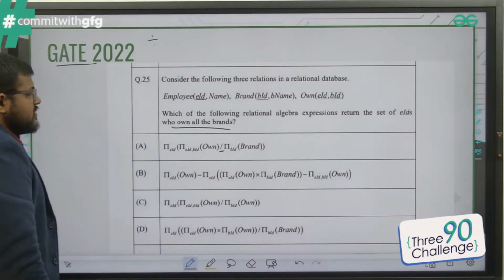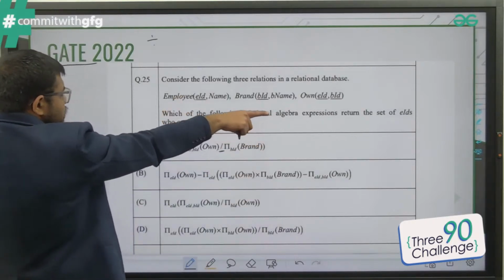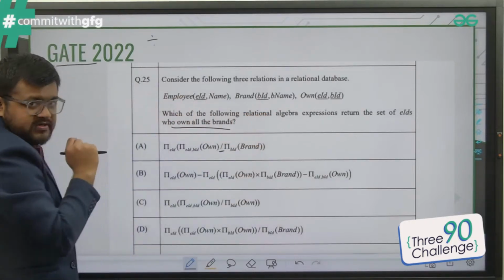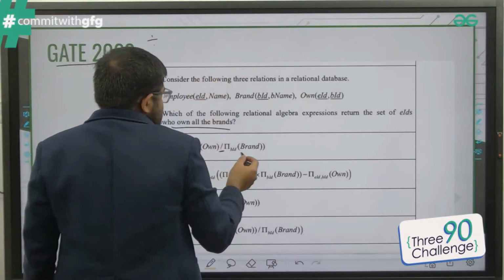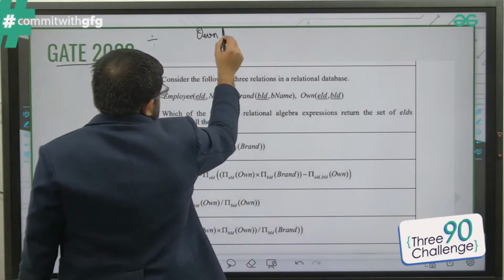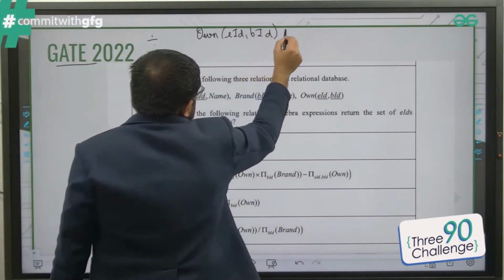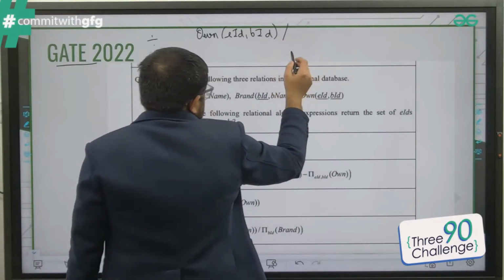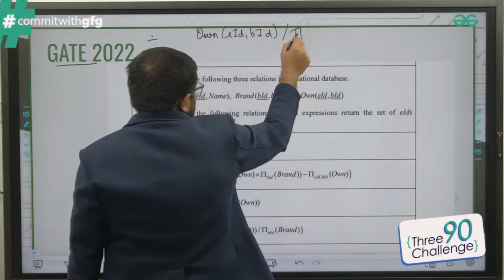So how can I get that? What I want is the employee ID of the people who own all the brands. So what I need to do is take the own table with employee ID, brand ID, divided by all the brand IDs.